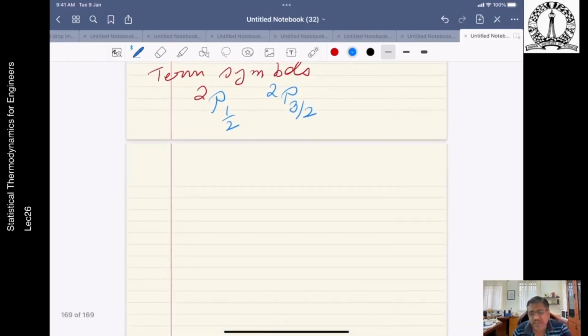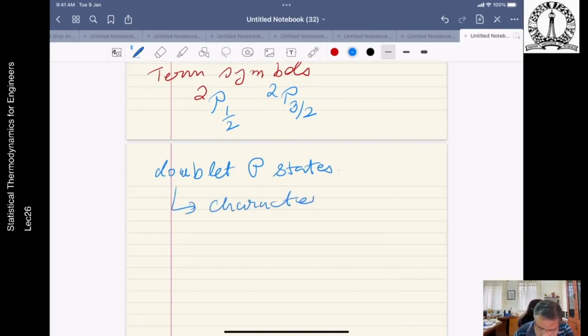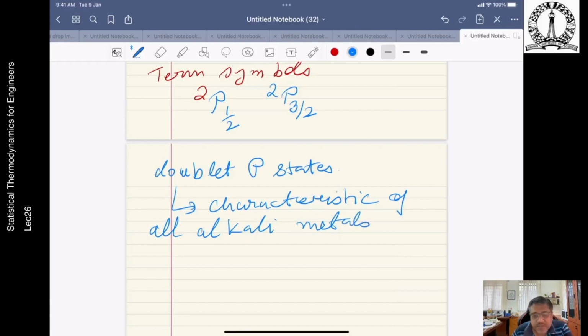This is called the doublet P states. This is the characteristic of all alkali metals like sodium and potassium. So the electronic level of an atom requires a specific term symbol.